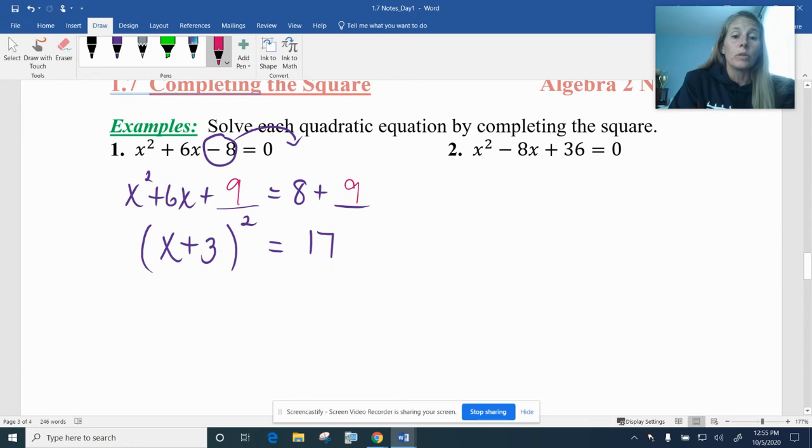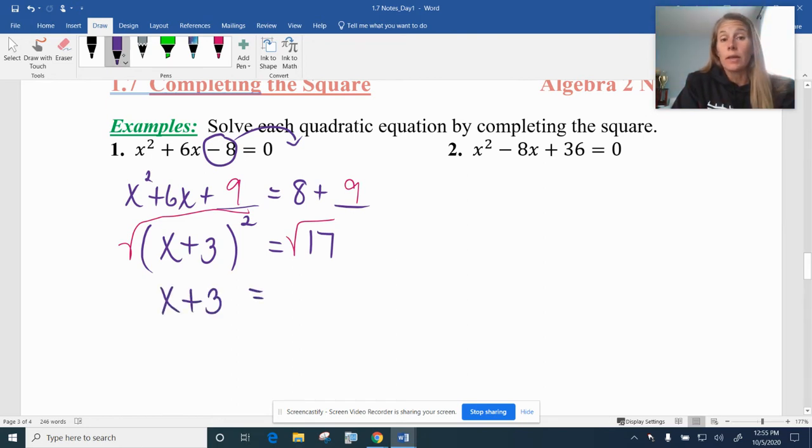So now you can solve this by using the square root method that we did in the last couple sections. When we square root something that's squared, they basically cancel each other out. So we're just left with the x plus 3. And over here, since 17 is not a perfect square, we're just going to leave it. But remember, all radicals have both a positive and a negative.